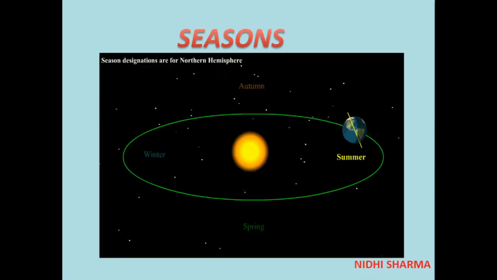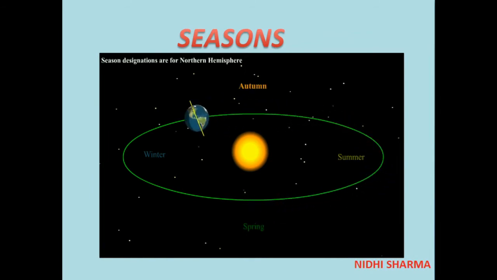Now, how are seasons formed? Now, children, do you remember what is Earth's axis? It is the imaginary line on which the Earth rotates. Now, the revolution of the Earth is responsible for changing of season. So, rotation is responsible for day and night, and revolution is responsible for changing of season.